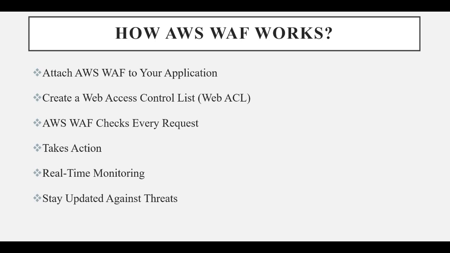First it allows the request for processing and responses, then it blocks requests, counts the requests, and runs CAPTCHA or challenge checks against the requests to verify human users or standard browser use.